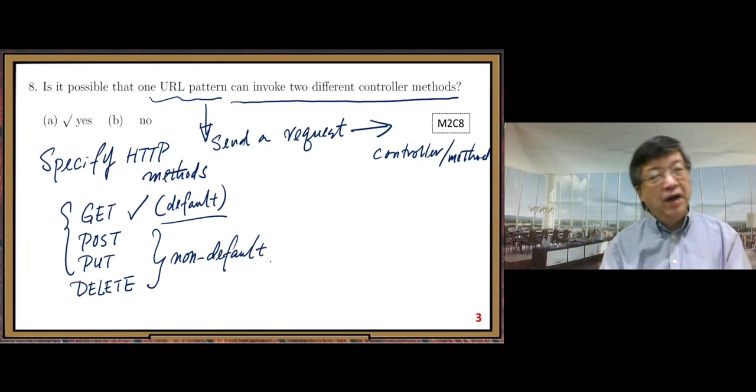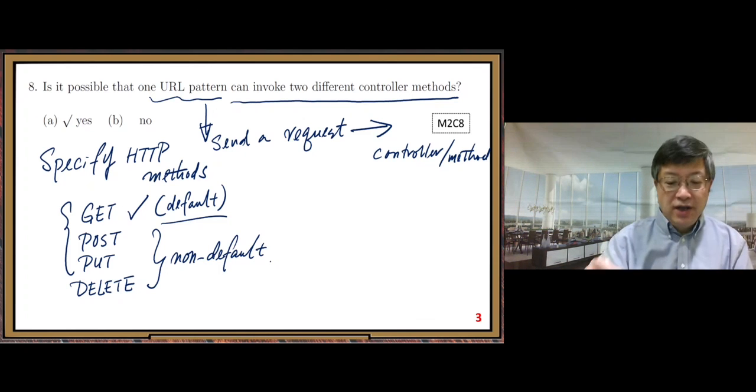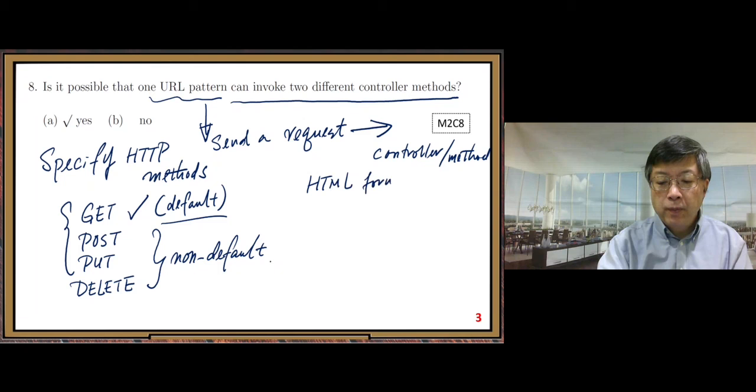How to specify? There are different ways. In the HTML form, we know how to specify. When we use the form tag, with the action, that's your data processing file.